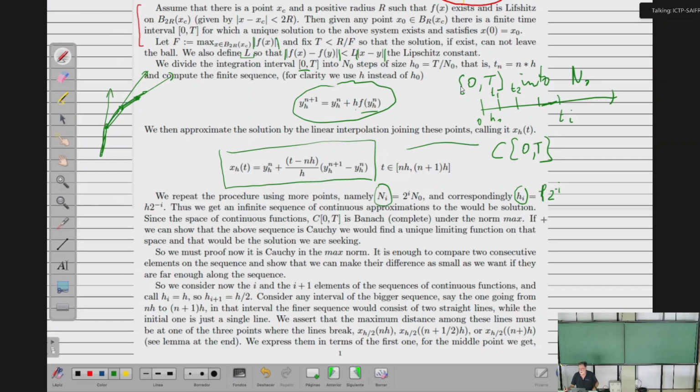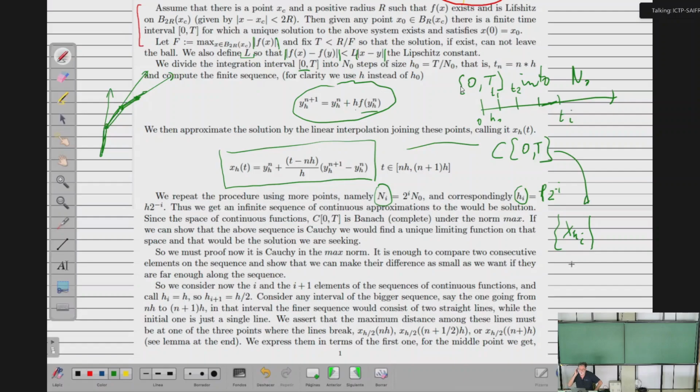So we are getting smaller and smaller steps, and so we get a sequence, the sequence x_hi, of approximations in this space.